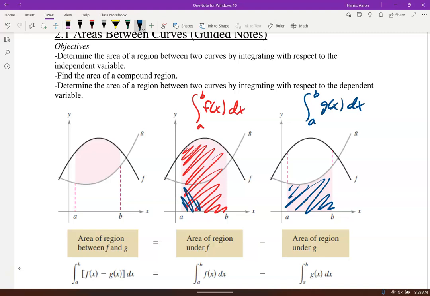Let me put it all on the same graph here. Here's the area under g. If I subtract that out, I'm left with what I want there in yellow between them. So we're going to subtract the two. Area under f, subtract the area under g out, and I'm left with the area that I want, which is between them.